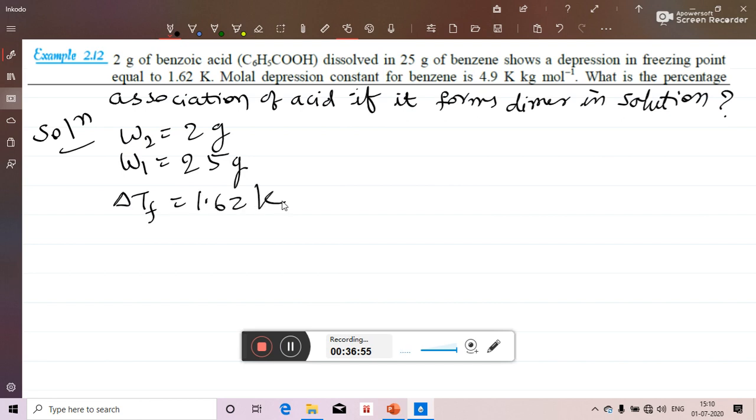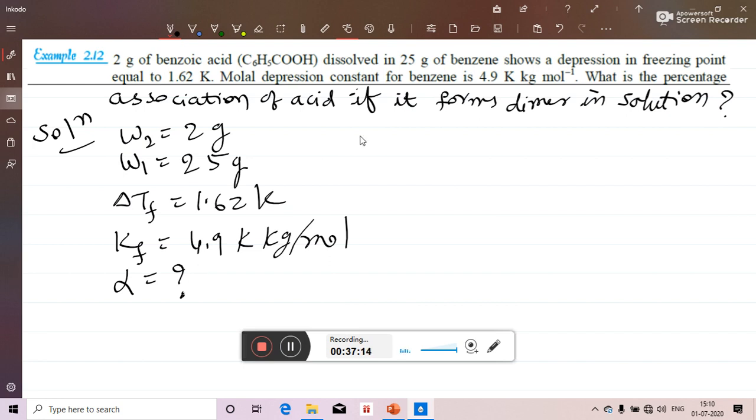Molar depression constant Kf equal to 4.9 Kelvin kilogram per mole. What is the percentage association of acid? Means we have to find out alpha if it forms a dimer in the solution.